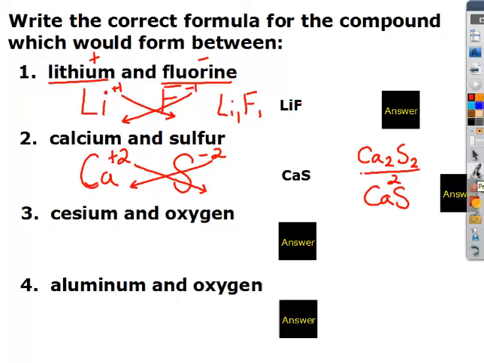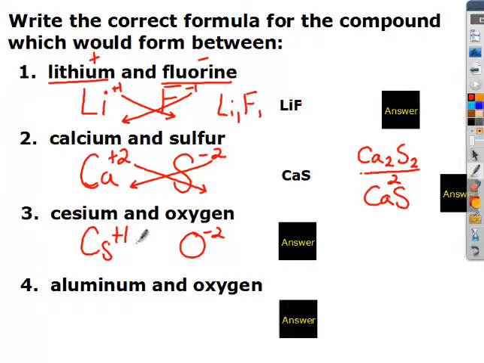Okay. Next, I have cesium and oxygen. Cesium is Cs. Oxygen is O. If you look, Cs is number 55 on the periodic table. That has a +1 charge. Oxygen is number 8, and it has a -2 charge.